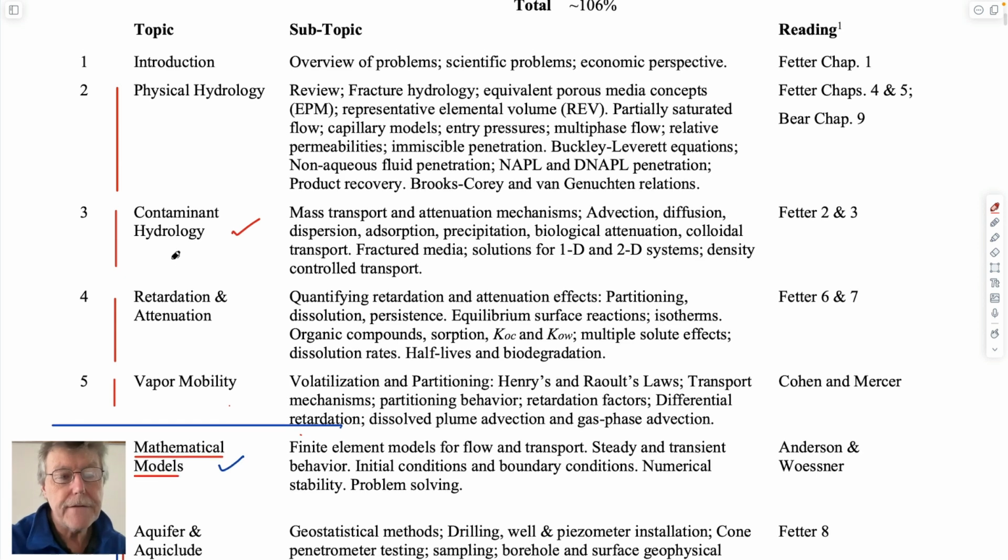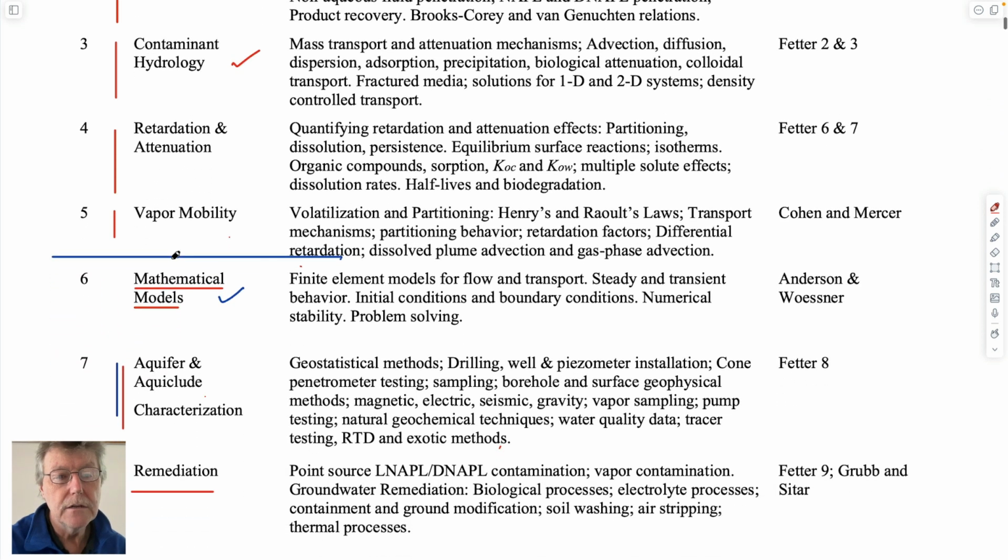We talked about how we might find out what those distributions of the properties and those fluids might be in the subsurface from what we've talked about for the last 3 periods. And we've talked about how we might try and understand the transport of those materials in the subsurface, both in terms of how they get into their initial state that we find, and then how you might recover them by doing some remediation methods.